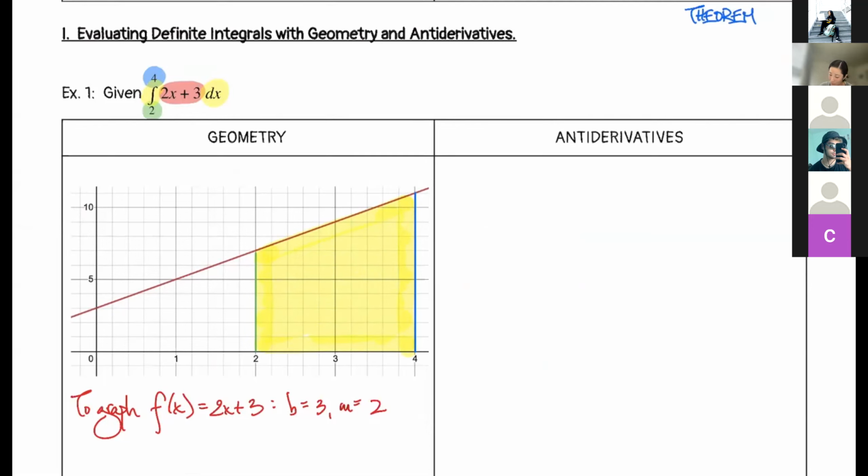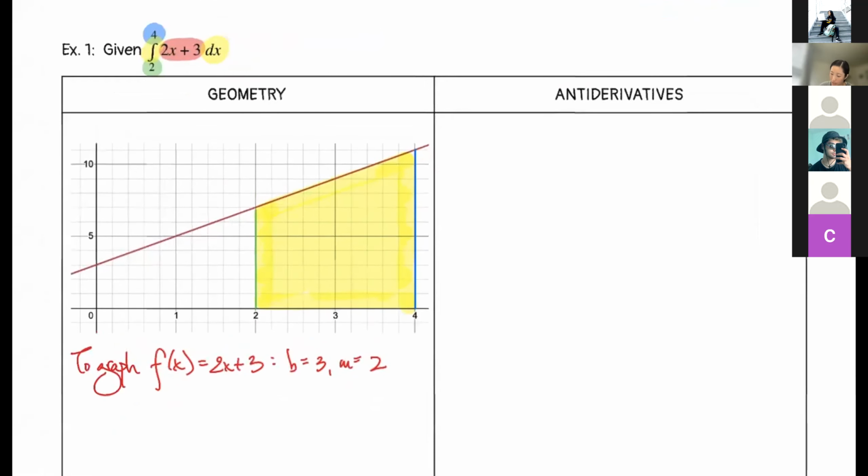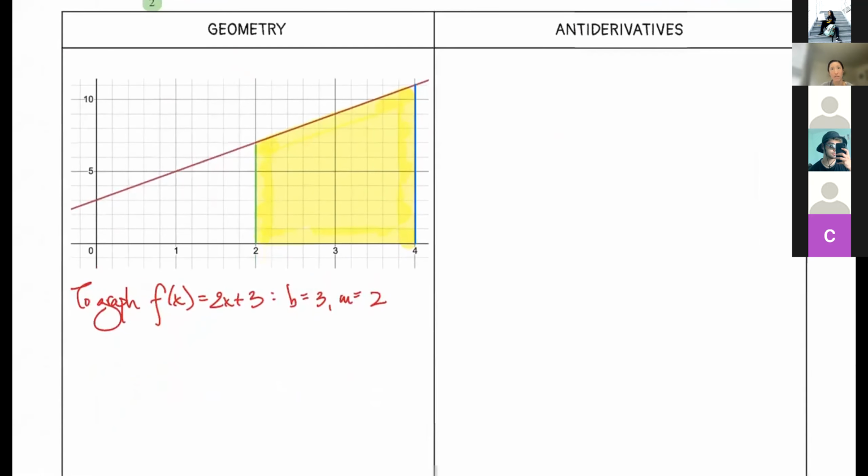Okay, so what shape did we just shade in here? Yes. So our shape is a trapezoid. Well, if I want to find the area of this trapezoid, I best know the area of a trapezoid formula.